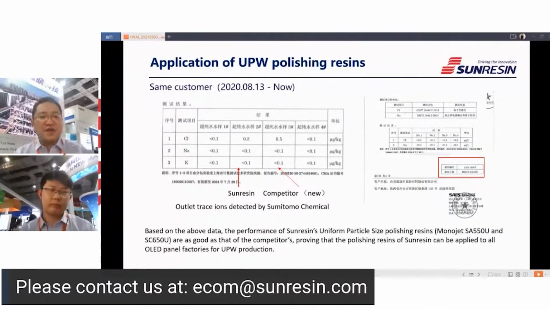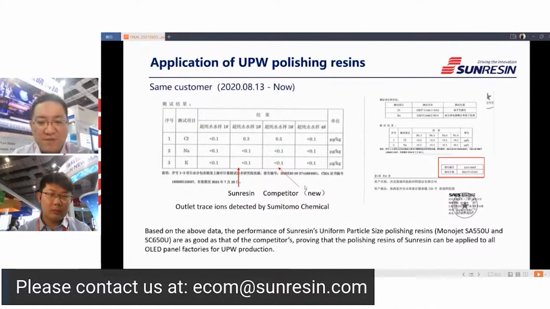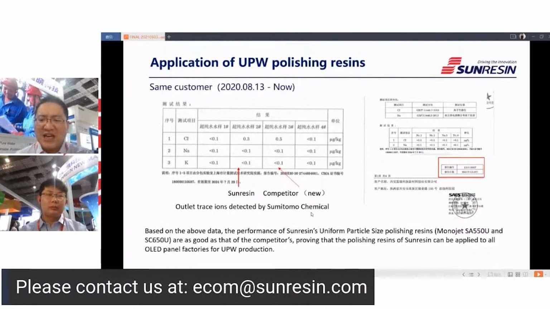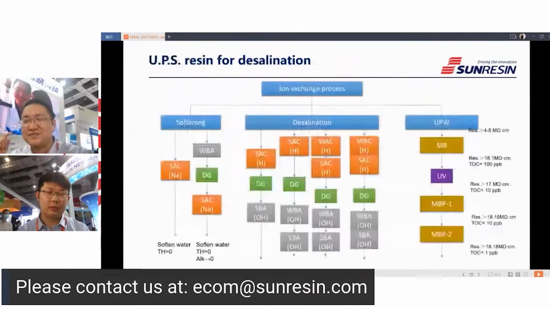Based on the above, the performance of Sunresin's uniform particle size polishing resin is as good as that of competitors, proving that the polishing resin of Sunresin has been applied in all OLED panel factories and UPW production.